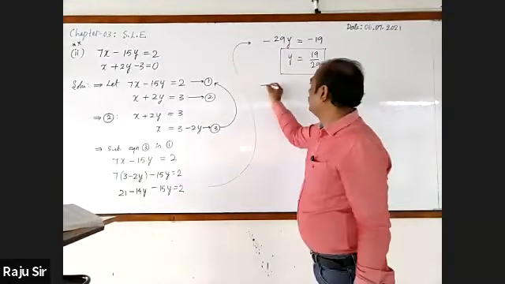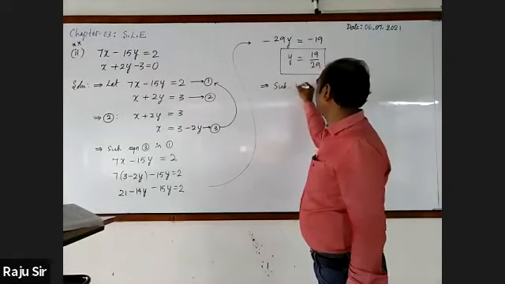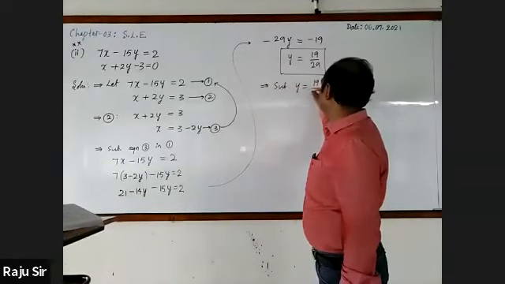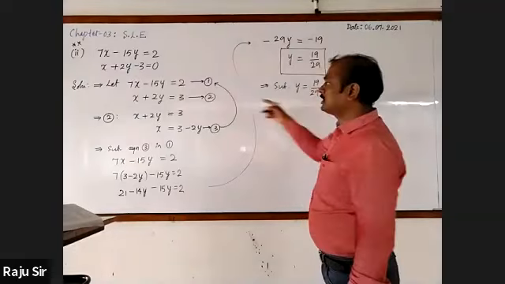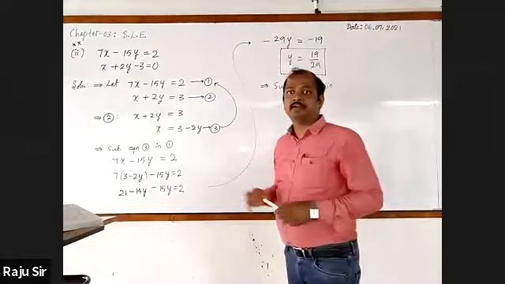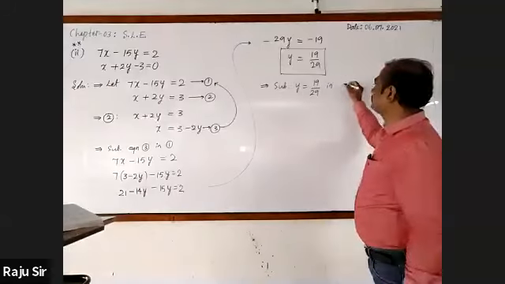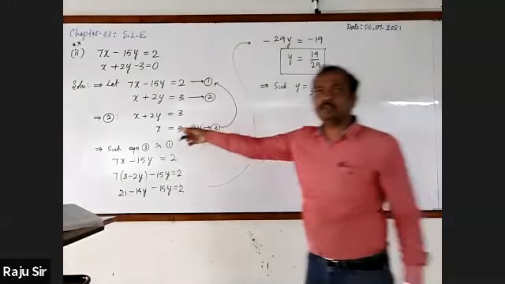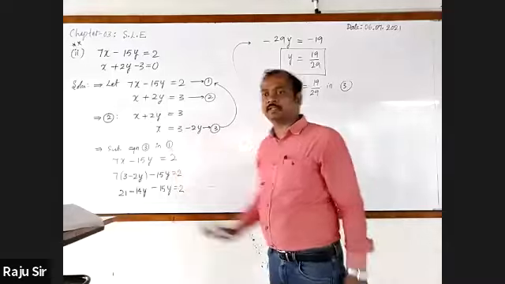Next, let us go for substituting y equal to 19 by 29 in which of the three equations? First, second, or third? Equation 3, sir. Equation 3, it will be easier, because there we have already solved x.